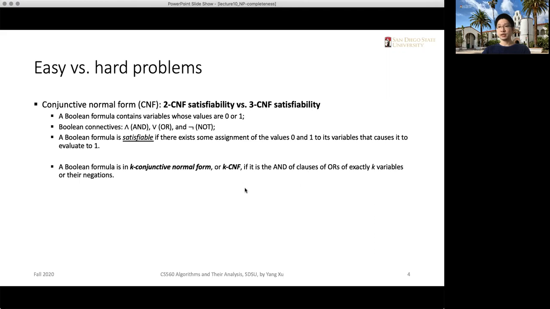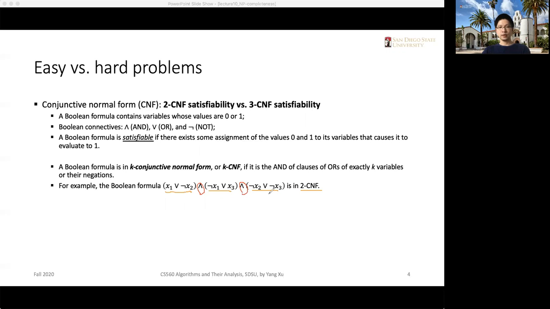So I guess using a simple example would be easier to see. So a typical 2 CNF is that we have a bunch of OR clauses, right? We have 3 OR clauses, and they are all connected by the AND operator.